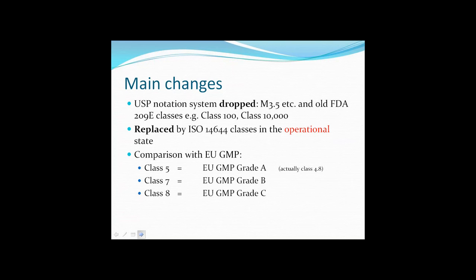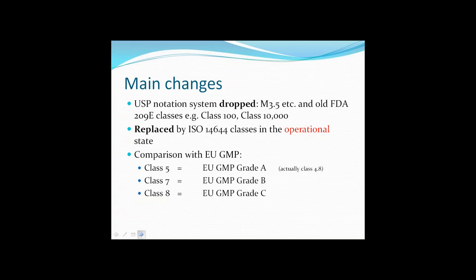Now confusingly, both WHO and EU GMP refer to ISO 14644 for classification of cleanrooms, but stick to the alphabetical listing for assessing cleanrooms in operation. It's also important to note that the ISO class 5, which is reserved for the aseptic core in FDA and USP, is not quite equivalent to EU GMP grade A. And this is due to the difference of the 5 micron particles which are required by EU GMP.